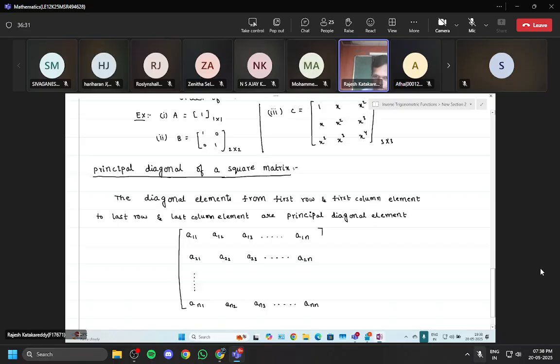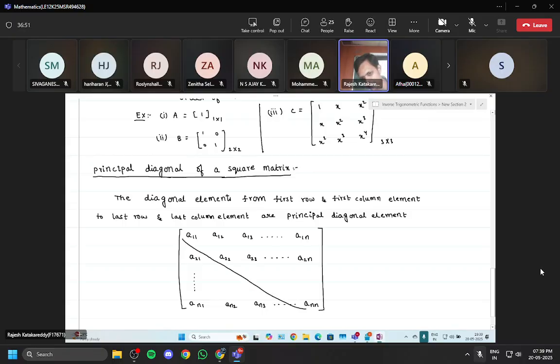According to the definition, principal diagonal elements run diagonally starting from first row, first column element to last row, last column element. It is a diagonal starting from first row, first column going till last row, last column. Like this is the diagonal I am talking about.